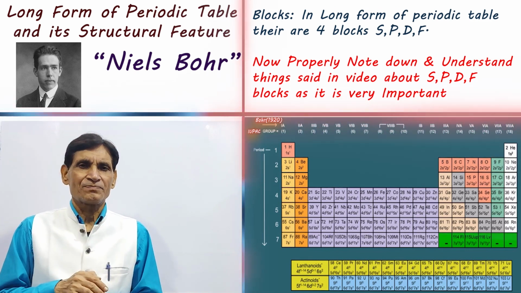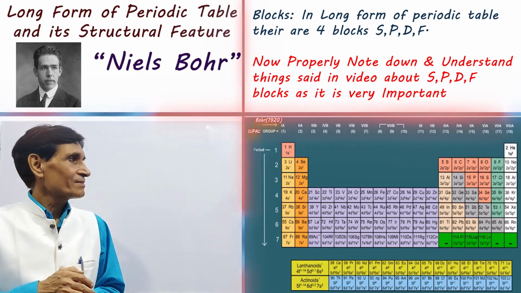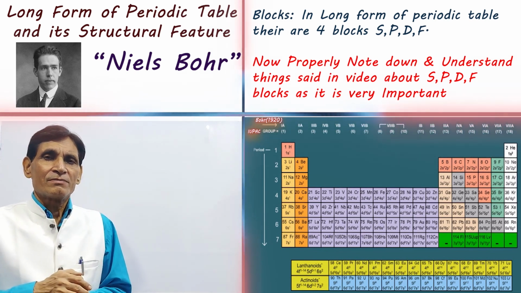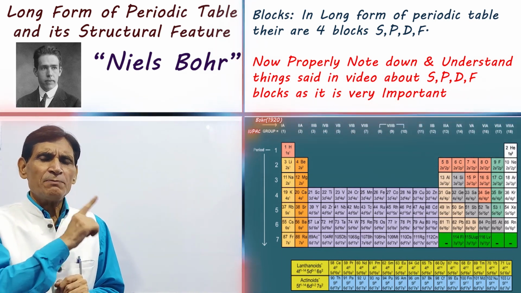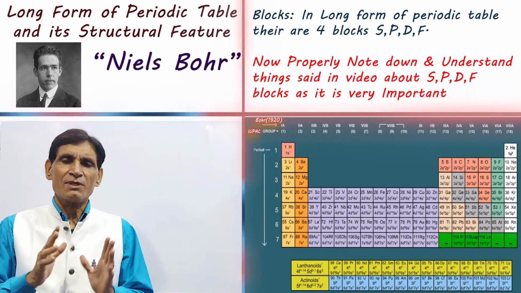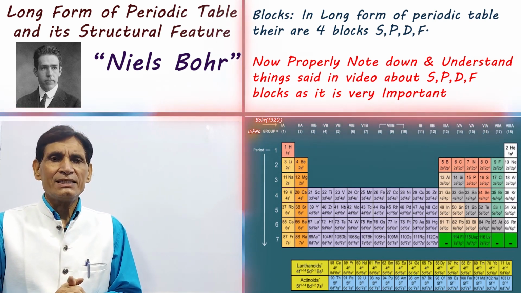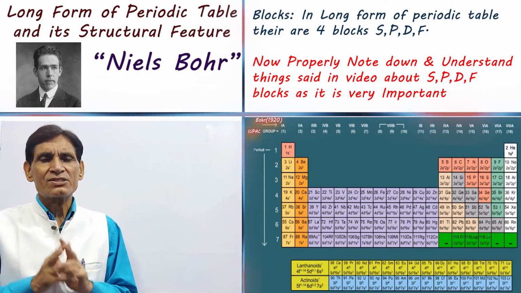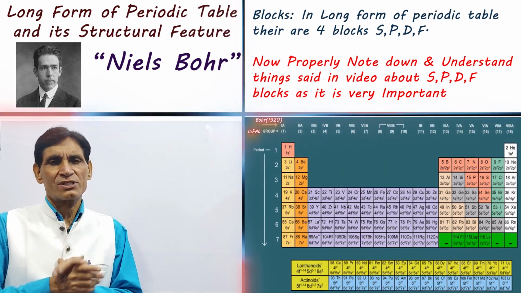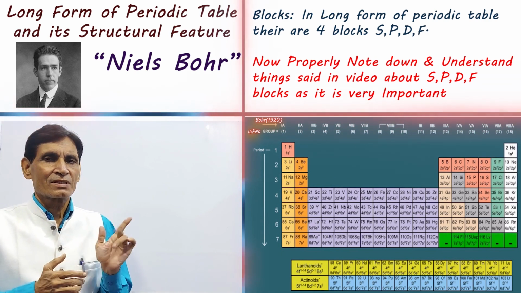Next point is about elements and groups. S block and P block elements are called normal elements. In these elements, only the outermost cell is incomplete, and the last electron enters the outermost cell.